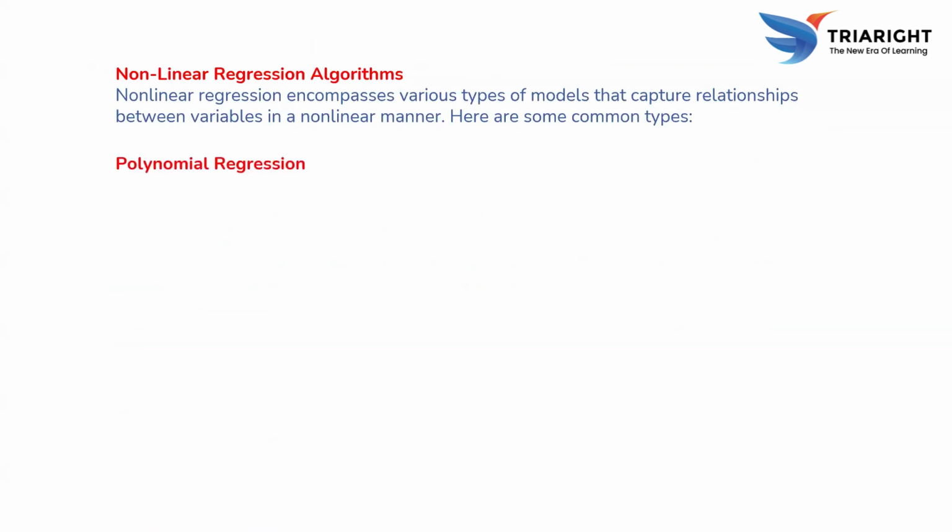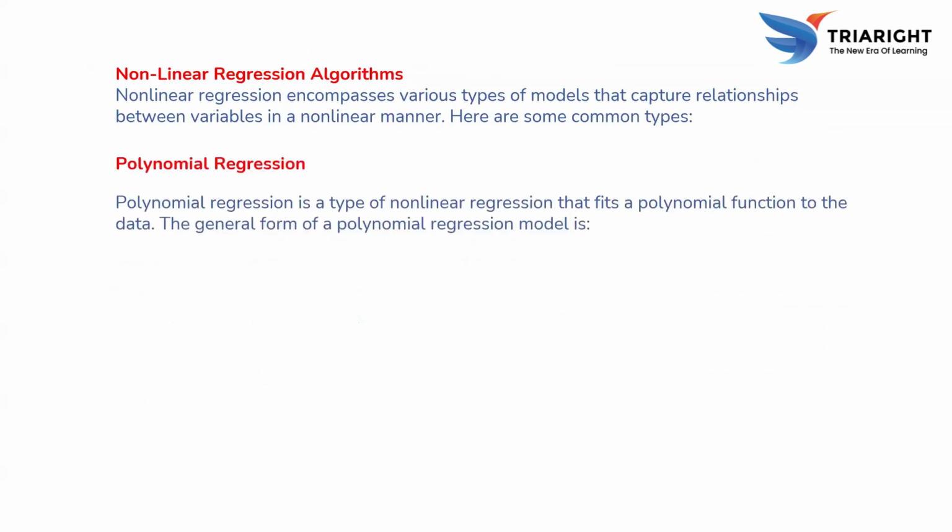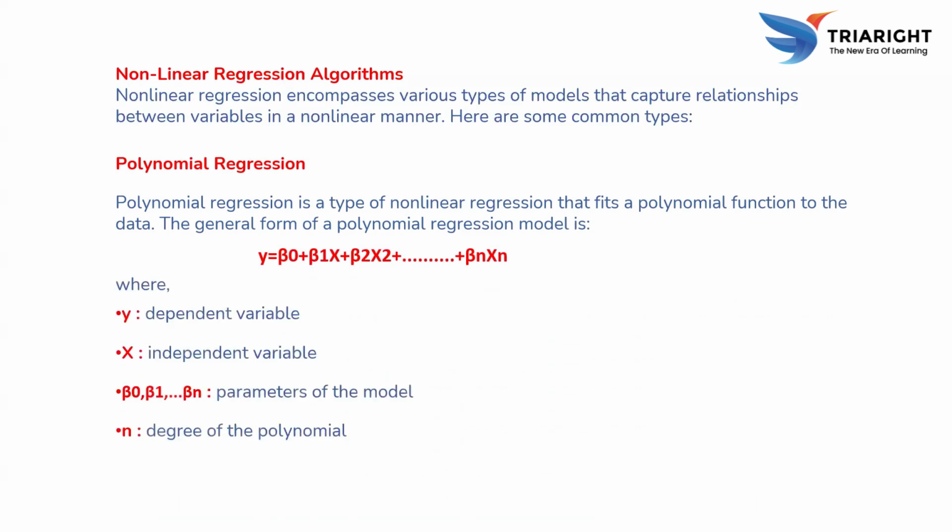We have polynomial regression as one of the types. In the previous lecture, we discussed it. Polynomial regression is a type of non-linear regression that fits a polynomial function to the data. The general form of the polynomial regression model is this equation: y is the dependent variable, x is the independent variable, beta 0, beta 1 up to beta n are the parameters of the model, and n is the degree of the polynomial.